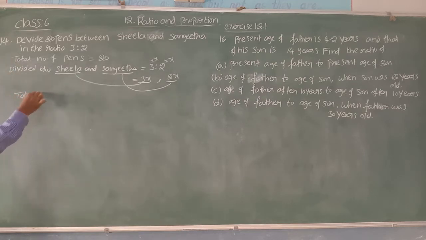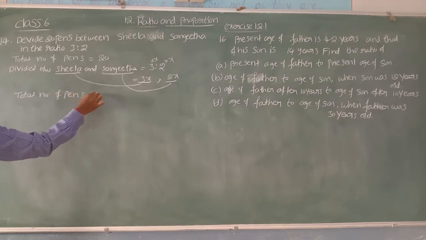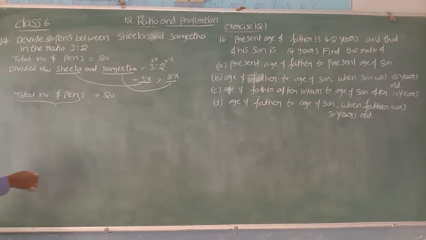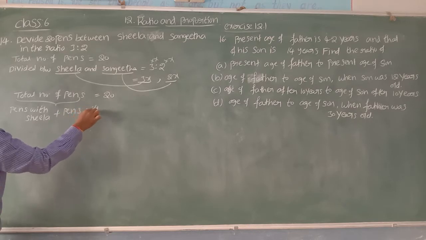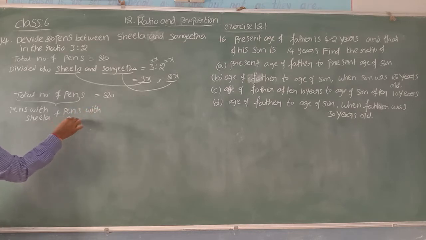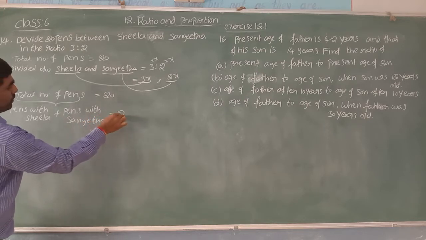Now this we will take again. The given total number of pens is equal to how many? 20. So the total number of pens is nothing but the number of pens with Sheila plus the number of pens with Sangeeta, which together is 20.